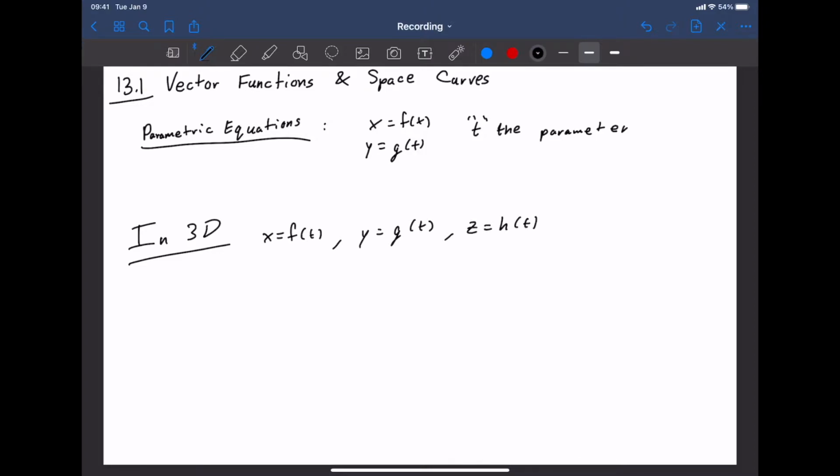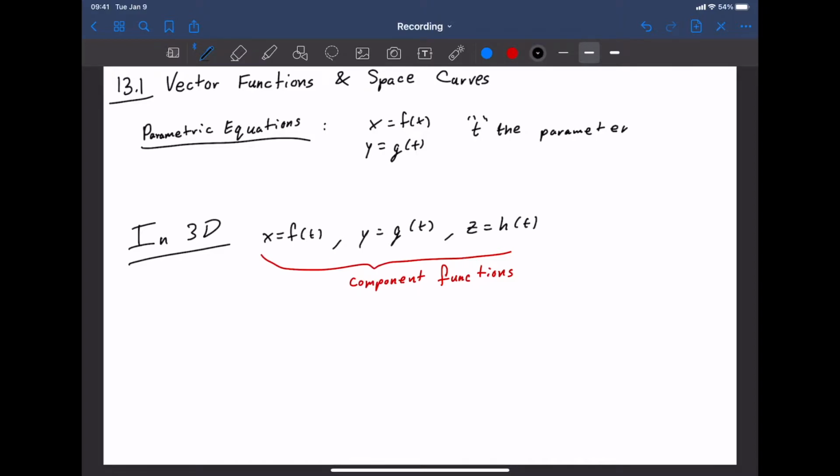And each of them will be seen as the output of one independent variable, t. These three will be called the component functions. They are parametric equations after a fashion, but we also will call them component functions.